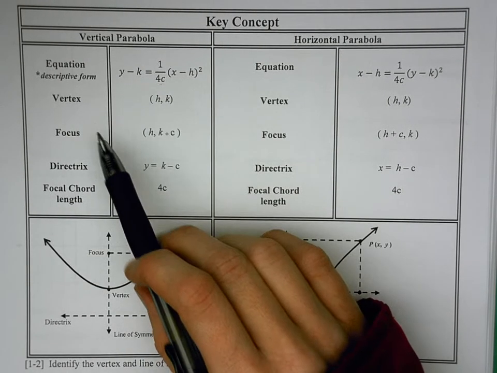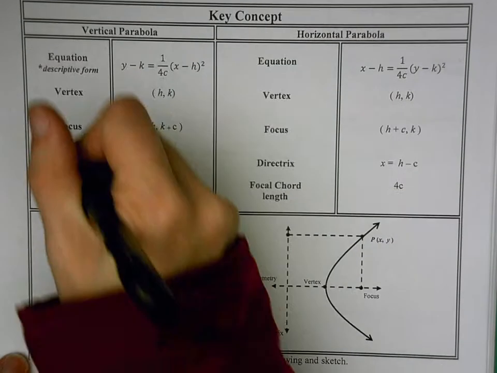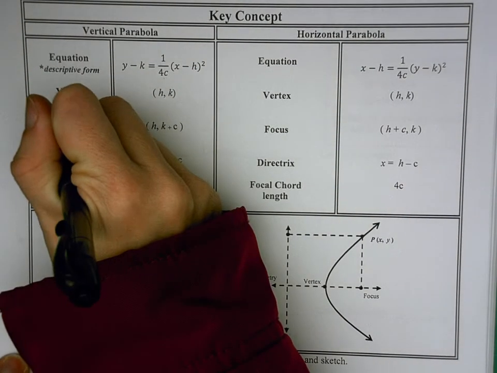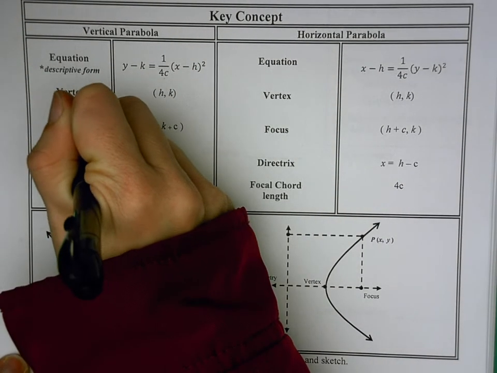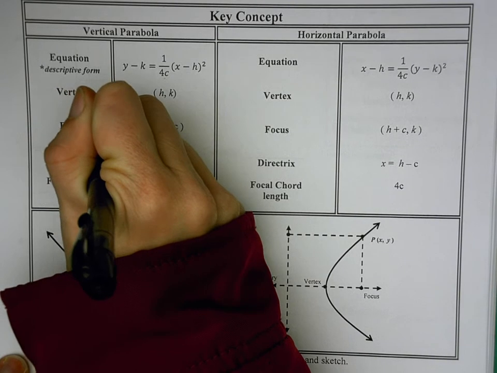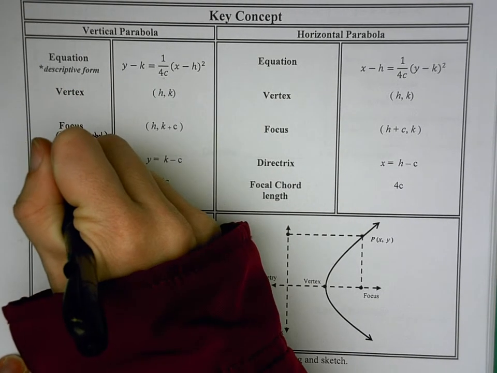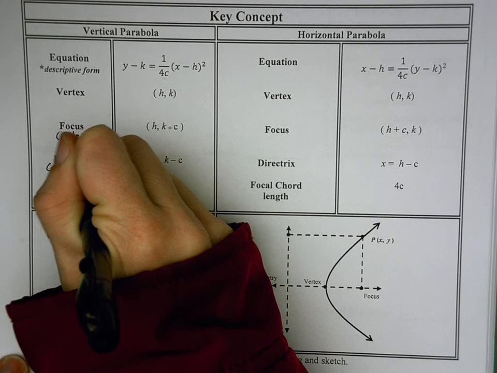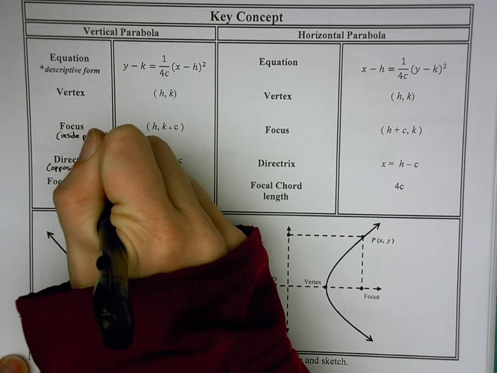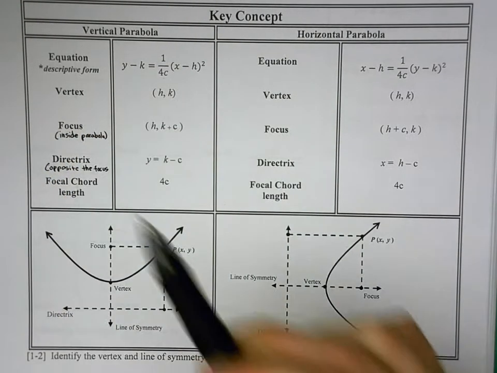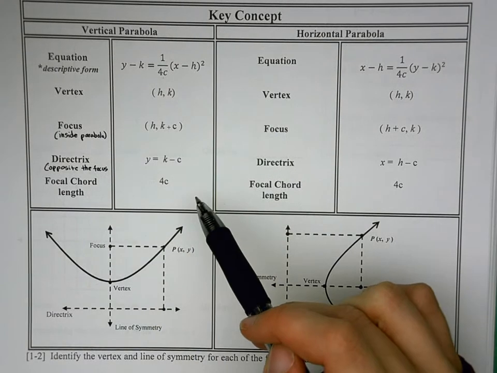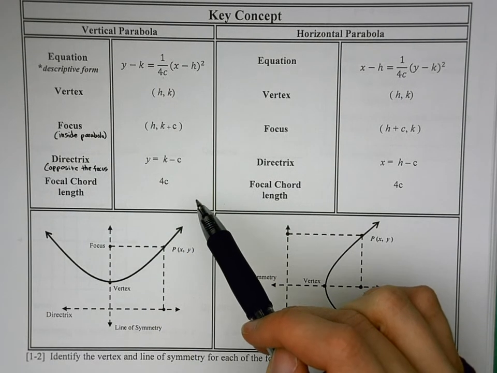The focus is always inside the parabola, and the directrix is opposite the focus. And then you've got your focal chord length, which is your 4c.